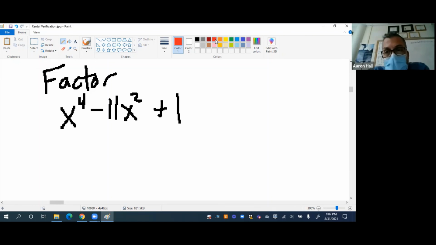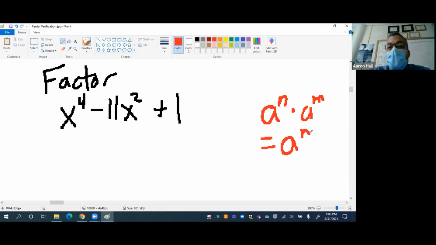It might not be intuitive when you look at this what to do. But I'm going to rewrite this in a different way and see if this helps you come up with a solution on how to factor. Do you guys know what this one is? What if this is another law of exponents? If I have a to the power of n times a to the power of m, then I put the exponents together how? I add them.